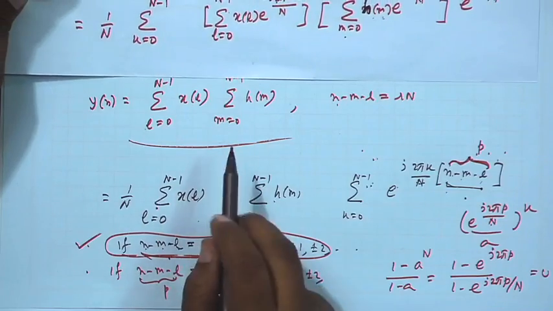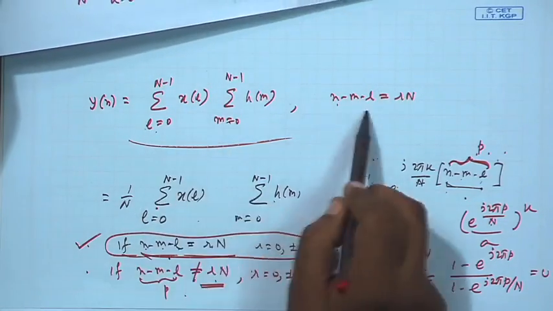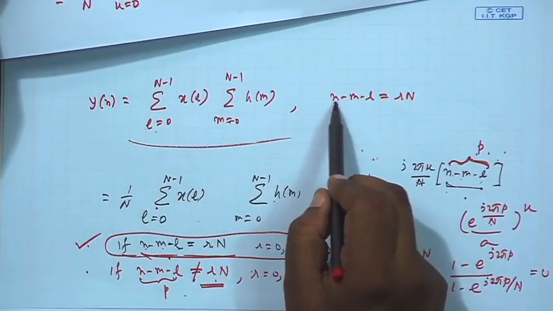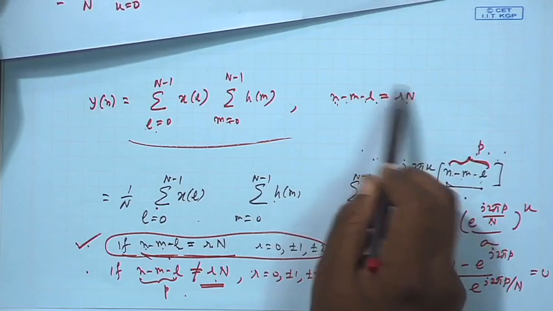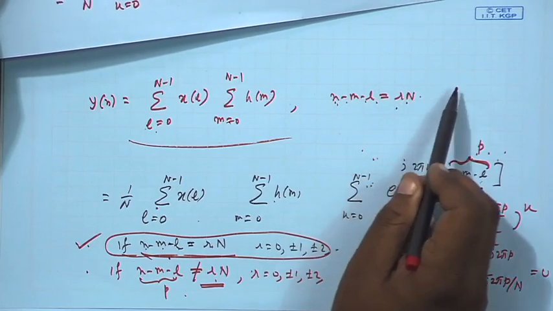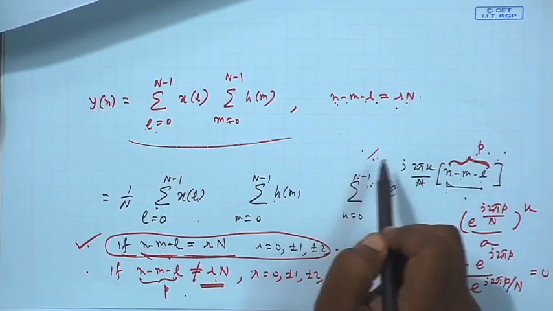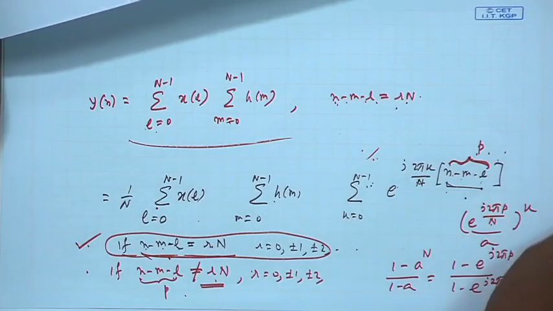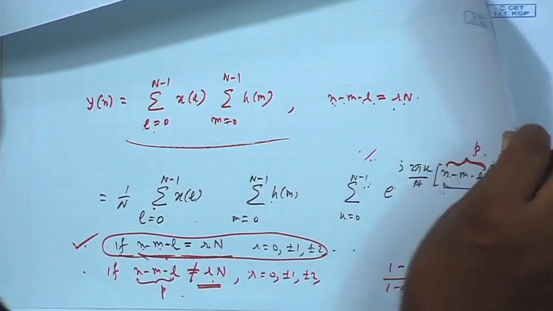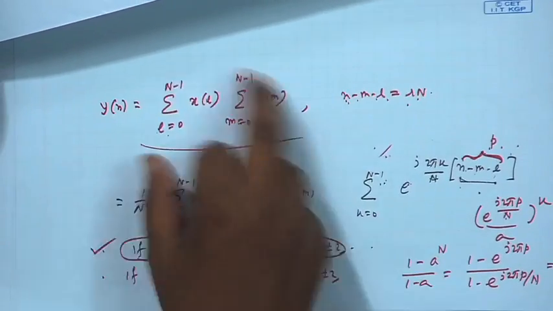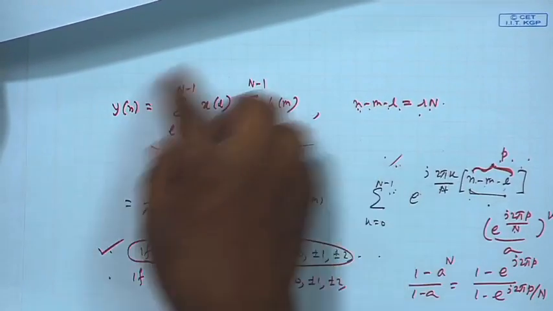But the constraint is that M and L should be chosen from this range, so that n minus M minus L is of this form. Then whatever you get will be your y n. So, let us see what choices of L and M we can pick under this constraint, and what the summation will then be.